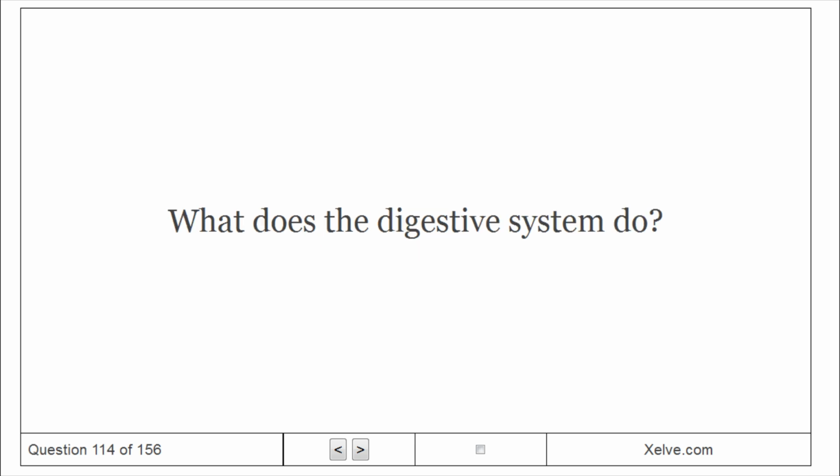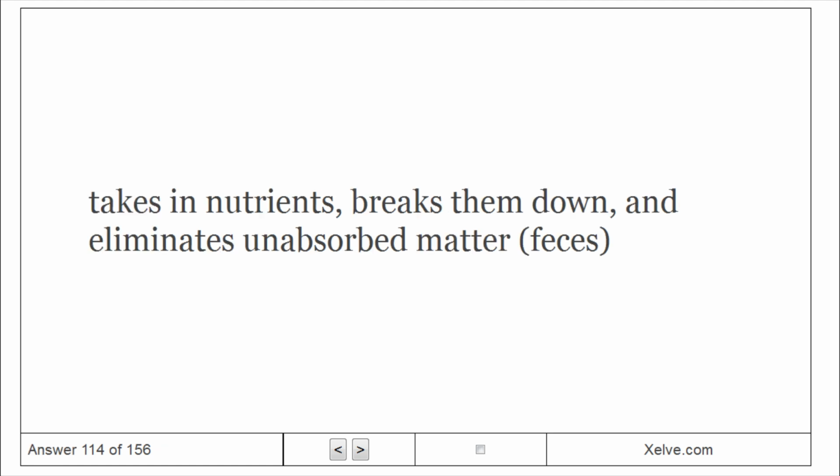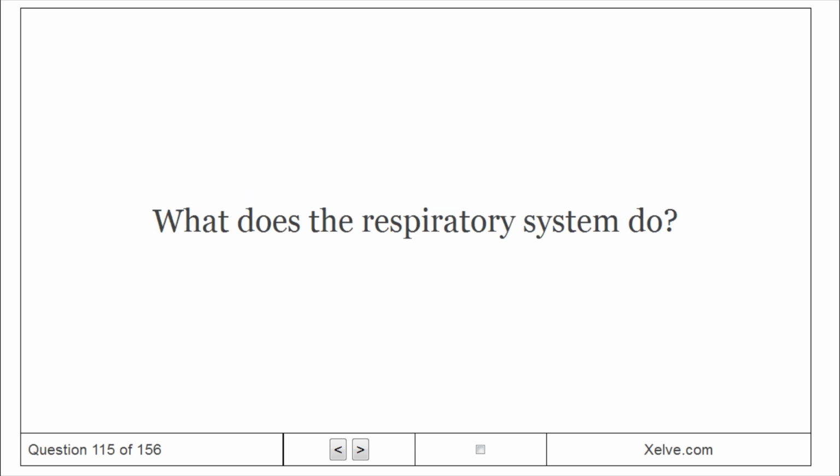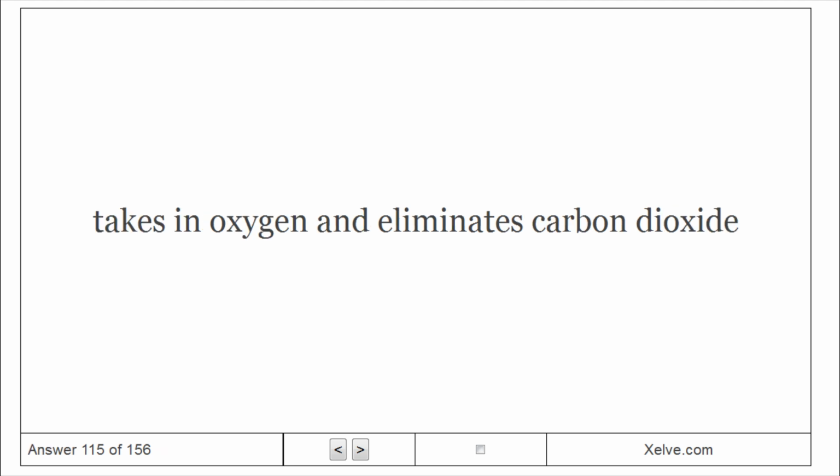What does the digestive system do? Takes in nutrients, breaks them down, and eliminates unabsorbed matter, feces. What does the respiratory system do? Takes in oxygen and eliminates carbon dioxide.